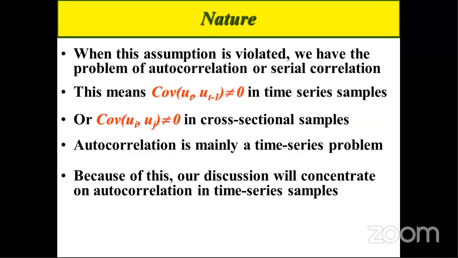Of course, the model adequacy test is broader than these three problems, because in case of model adequacy test, you should test whether your disturbance term follows the normal distribution or not, because one of the assumptions in this classical linear regression model is that the disturbance term follows the normal distribution. Along with that, every assumption we should test, whether it is violated or met by our regression model.